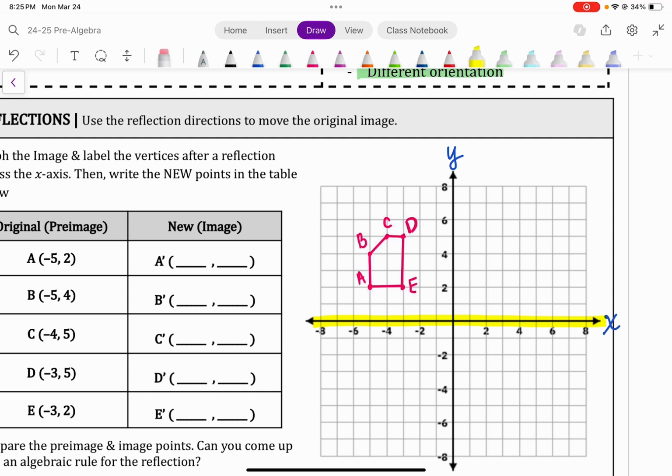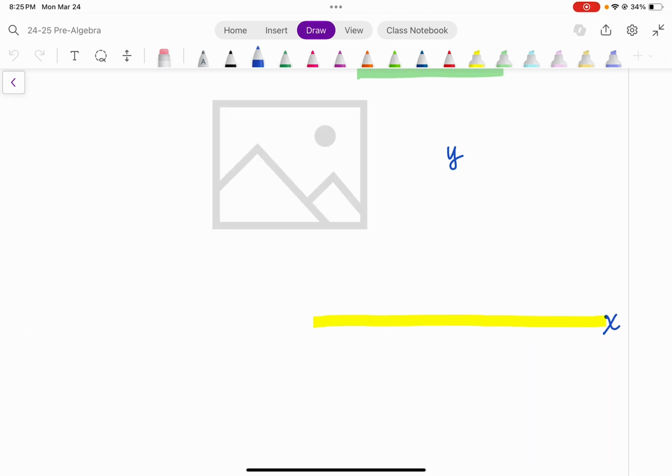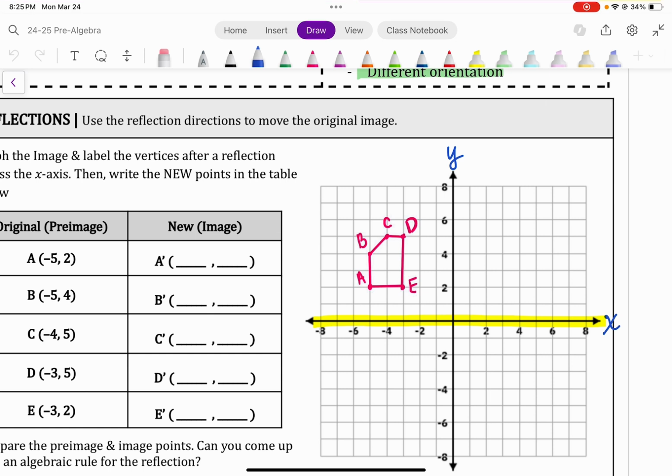Now, A, B, C, D, E is going to reflect over that line. So I can see that A is 2 above that line. So A prime is going to be 2 below, and I'm going to mark that A prime. B is 4 above, so now that's 4 below. C, we are 1, 2, 3, 4, 5 above, so I'm going to go 5 below that line, same X value.